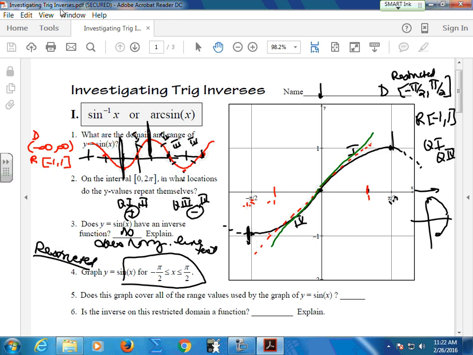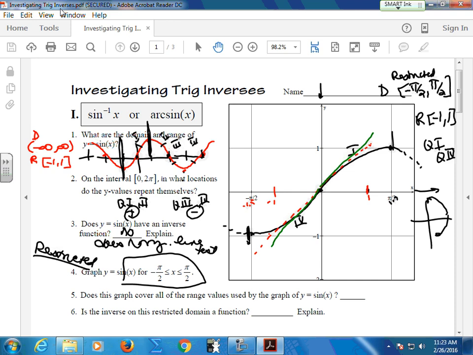So now, look at number 9. Look at number 9 for me. What is the value? Let me look at just number 8. Is that okay? Sure. 8. So the domain and the range for the inverse, we said have to swap out, right? So the range for your original sine curve is now the domain for your inverse curve.